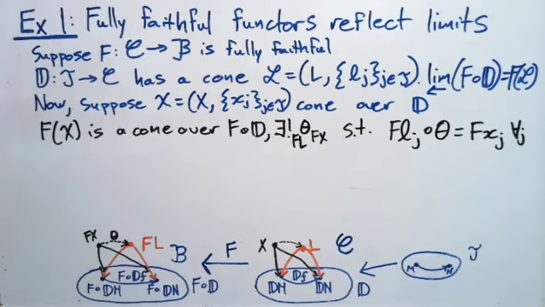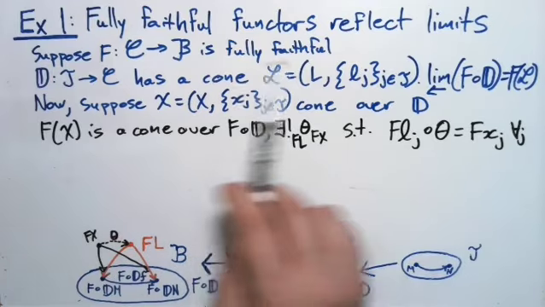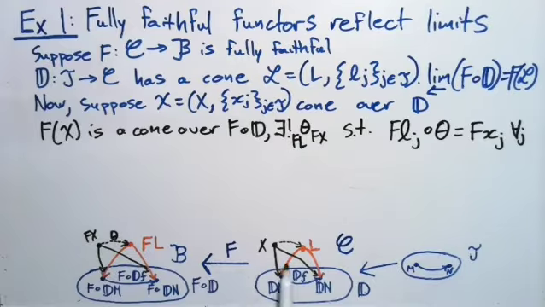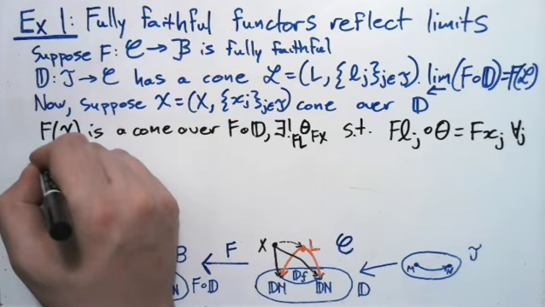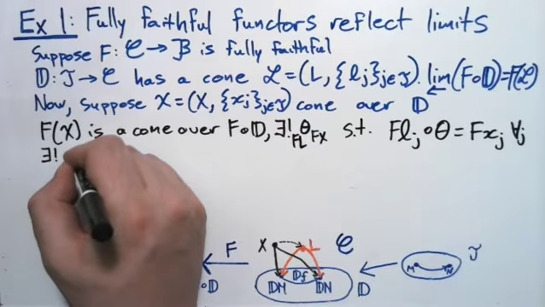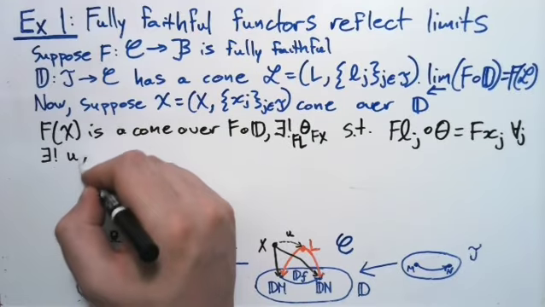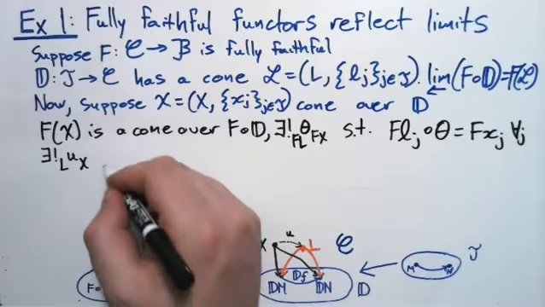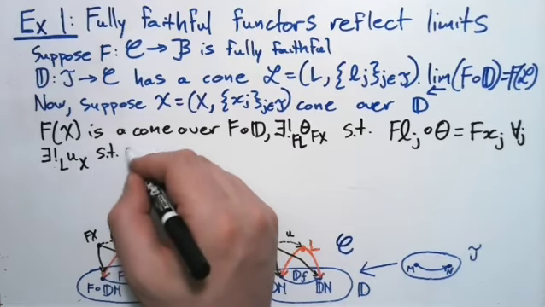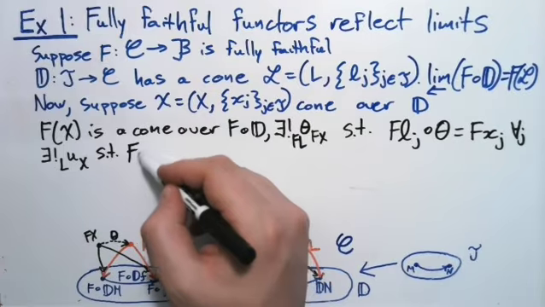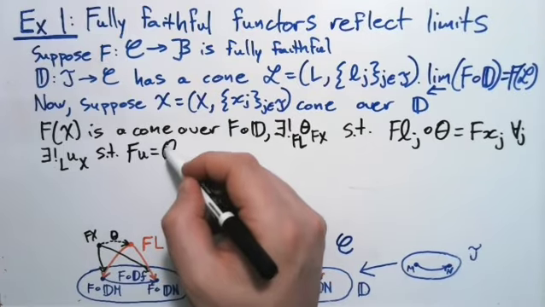And if that's the case, we know that the functor is fully faithful. So that means there has to be, because the morphism mappings are bijective, exactly one morphism in C that maps to this theta, right? So there exists some unique U going from X to L, such that F of U is equal to theta, right?